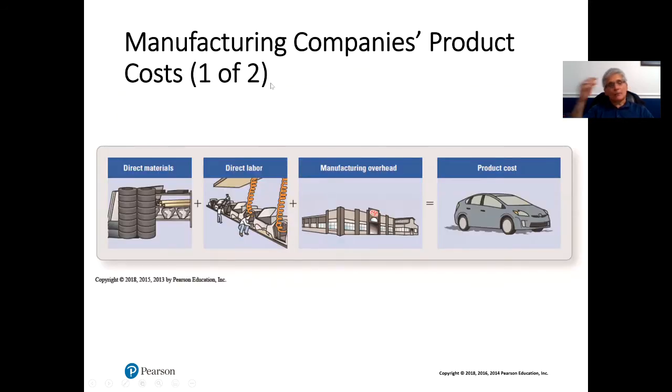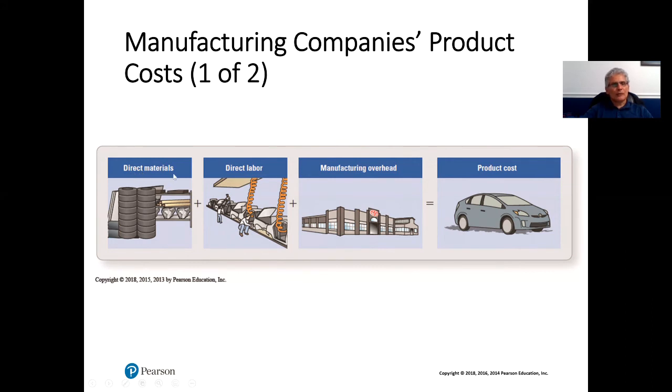So here's an example, a little bit of a graphical representation of manufacturing companies and the production of their products. We'll start off with direct materials. In this example you see tires, some other parts, maybe some metals. So you have all these direct materials that we're going to use.